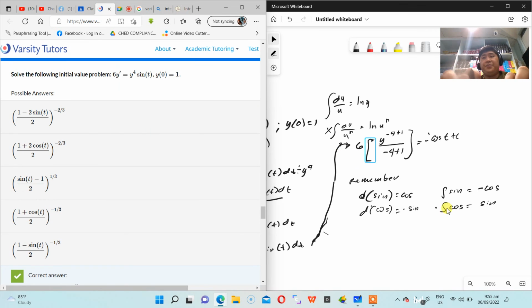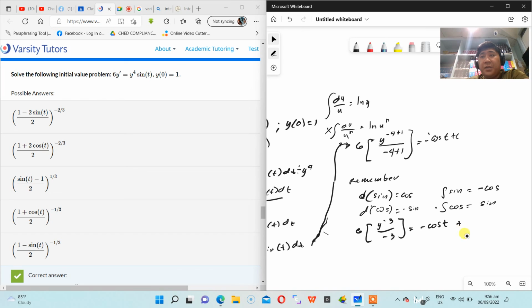Let's continue. From there, you have 6 times y raised to the power of negative 3, since negative 4 plus 1 is negative 3, over negative 3, equals negative cosine t plus c.